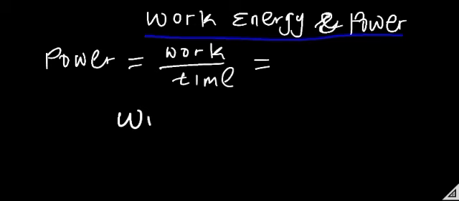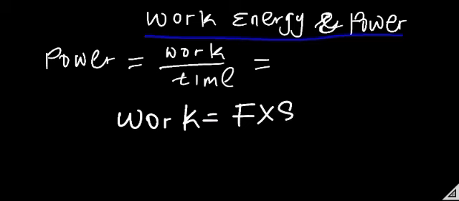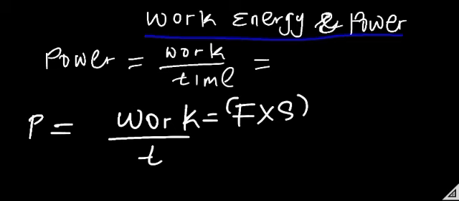We know that work is equal to force F times distance. And power is equal to work over time. So if power is equal to work over time and work is force times distance, then power will be force times distance over time, right?